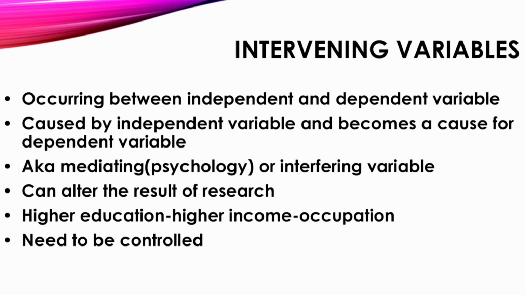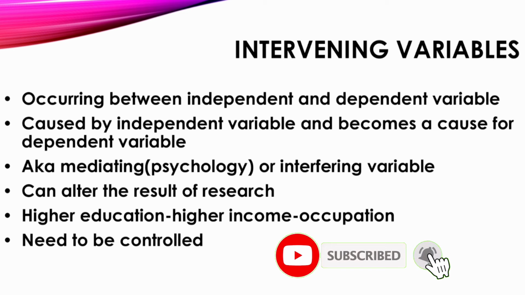So basically, occupation is dependent upon the education of the person, and the income is dependent upon the occupation of the person. So here, occupation becomes the intervening variable between the two, because mere education is not enough to understand the income pattern of the person. Occupation plays a very important role.